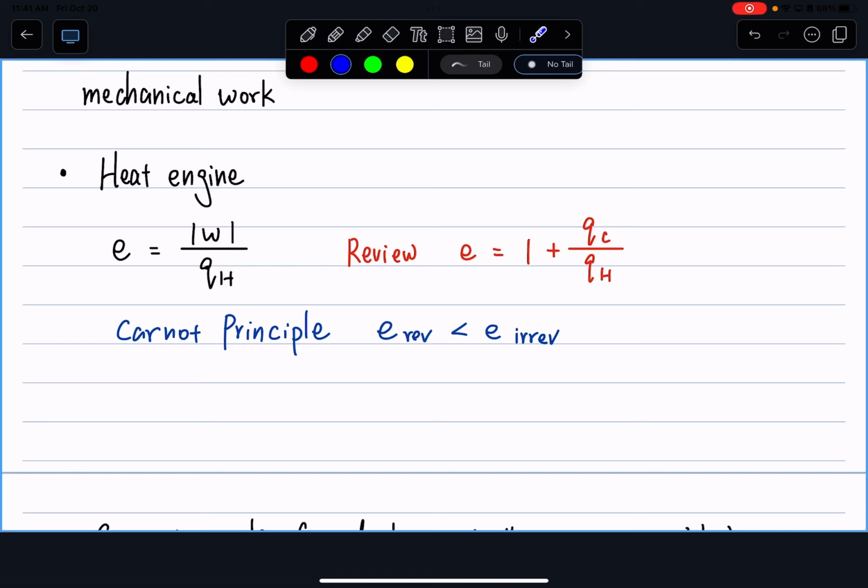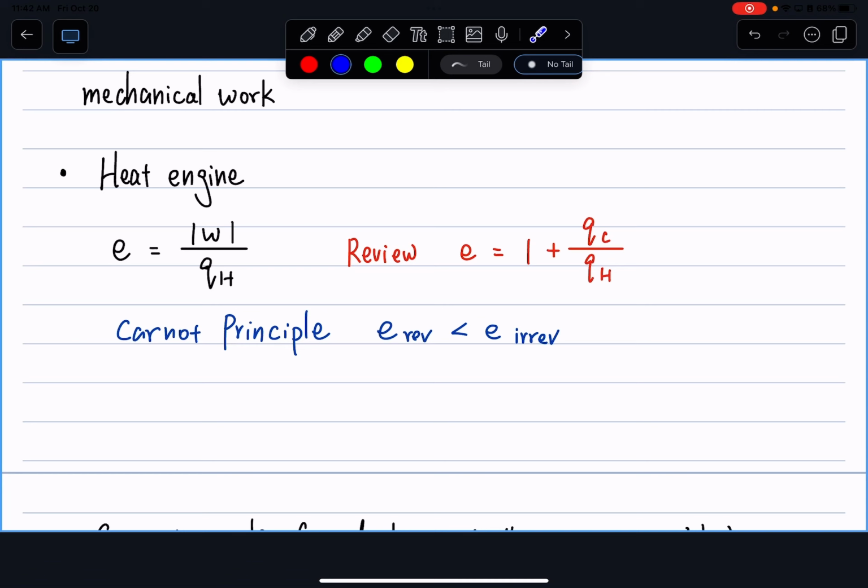For the cold reservoir, the lowest temperature you can get is 0 Kelvin. It does not go any lower. But for the hot reservoir, we do not have an upper limit for how high that temperature is. So logically, it's more reasonable to raise the temperature of the hot reservoir rather than lower the temperature of the cold reservoir. I'll leave you to think about it.